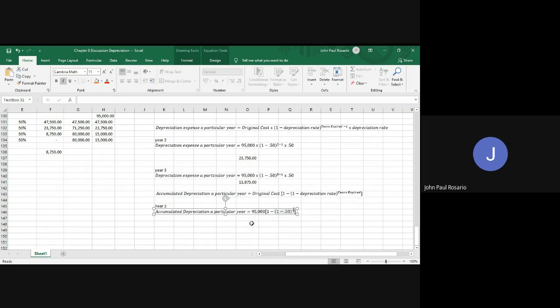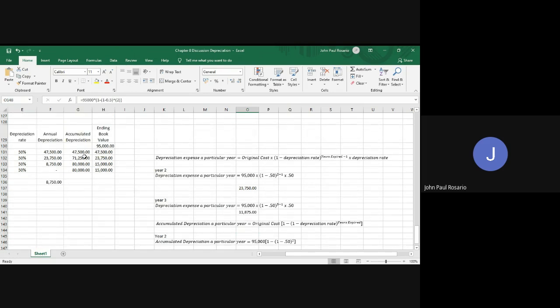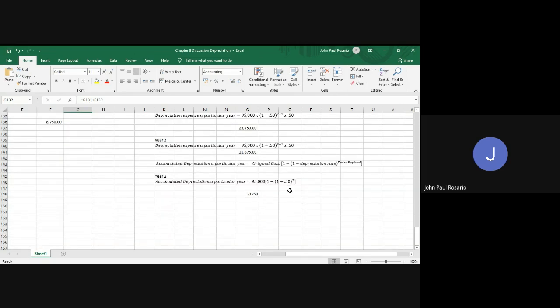So if we solve for all that, it's 95,000 multiplied by 1 less 0.5 raised to the power of 2. That gives 71,250 on year 2, which is our accumulated depreciation. So it pulled through.